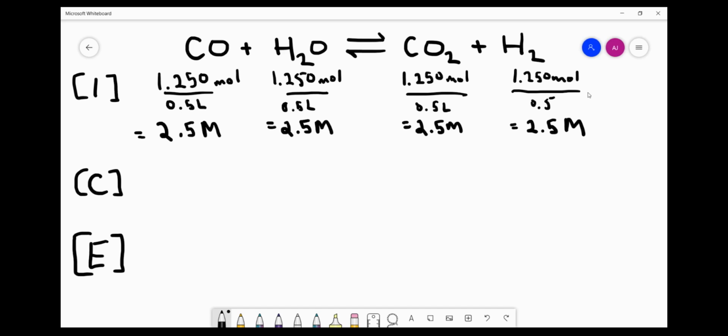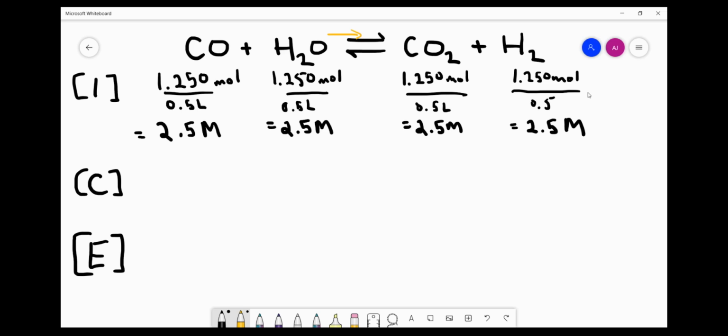So for right now, and for the sake of argument, let's assume that this equation is going to shift to the right. Maybe I'll just draw a yellow arrow here to envision that. So let's imagine that more reactants are going to be converted into products as this system reaches chemical equilibrium.